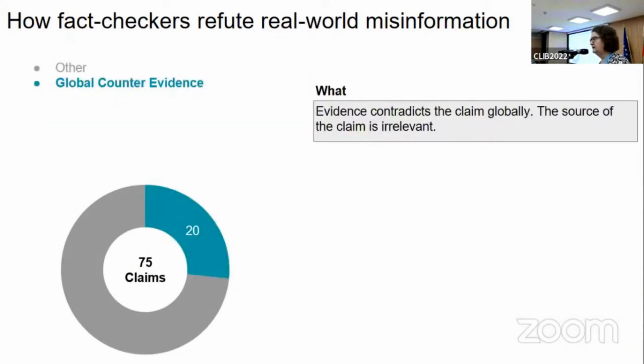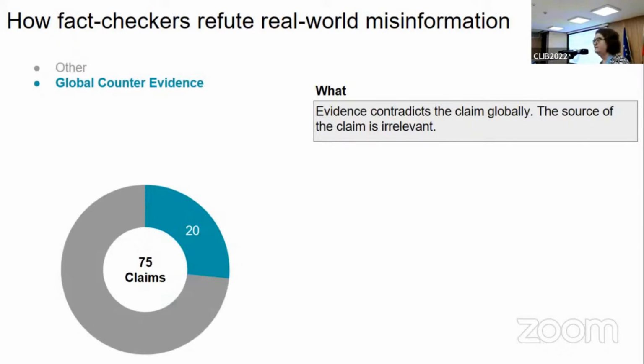Then we looked into those to analyze the requirements for the NLP-based approach. What kind of claims do we find in our data set of 75, based on the reasoning required from the fact checker to debunk those claims? First, 20 examples rely on existing counter evidence.